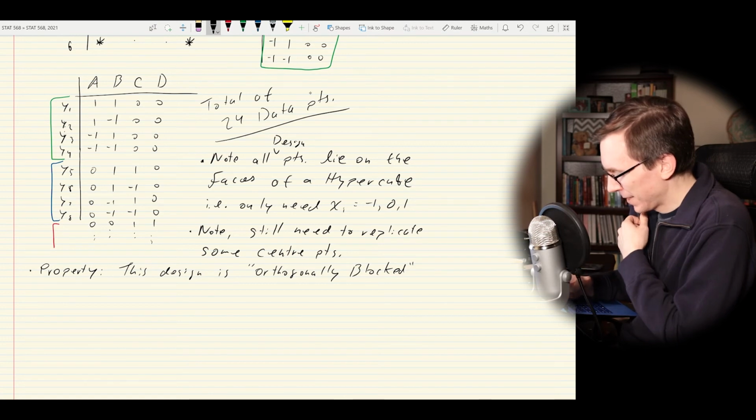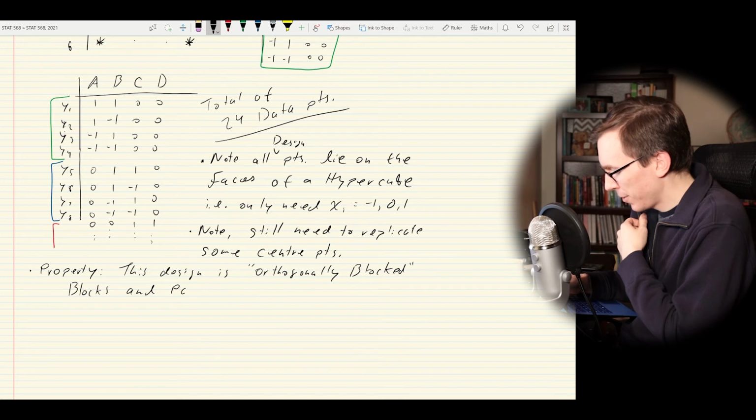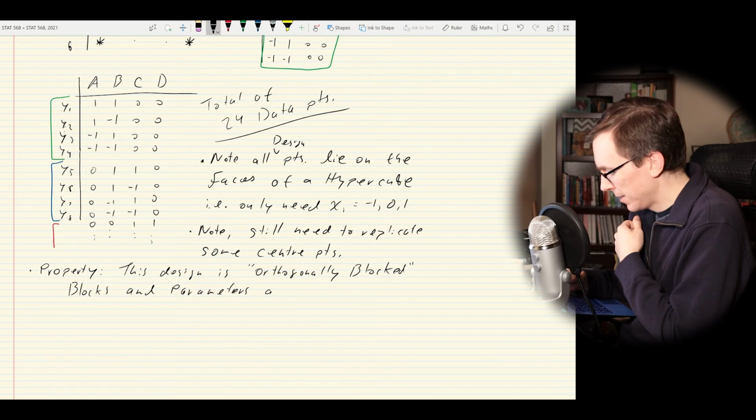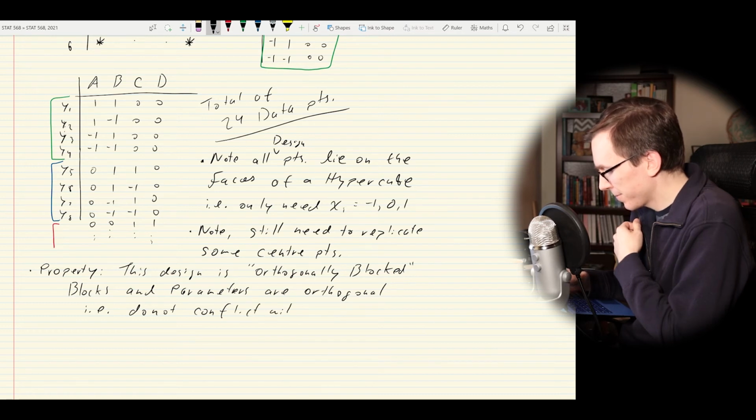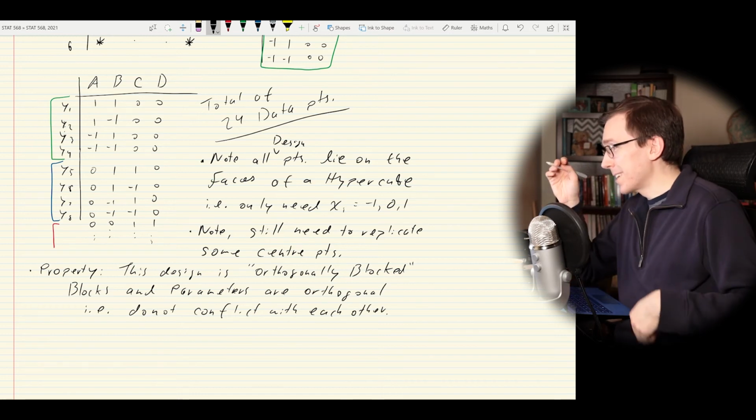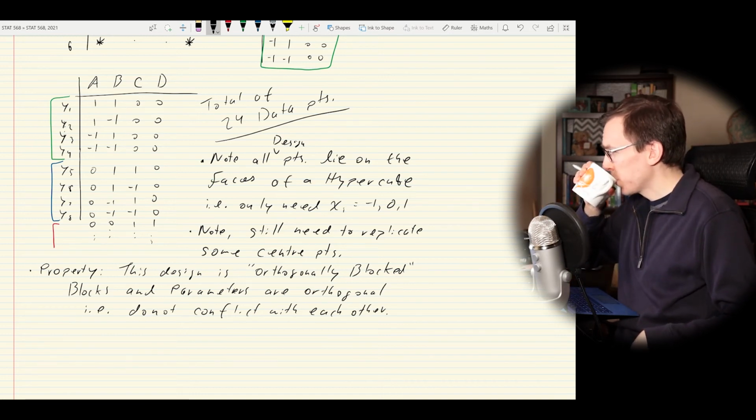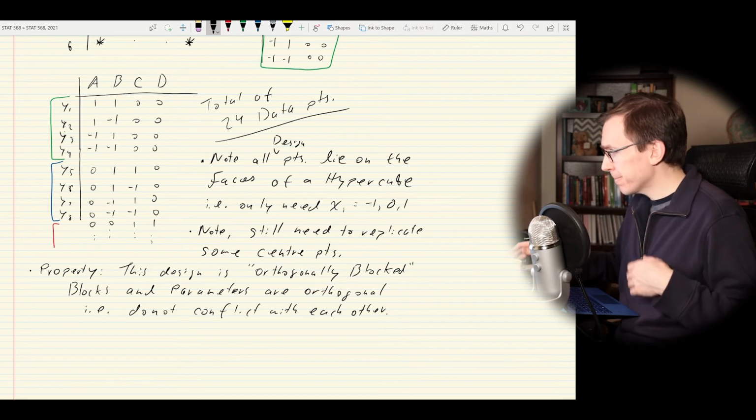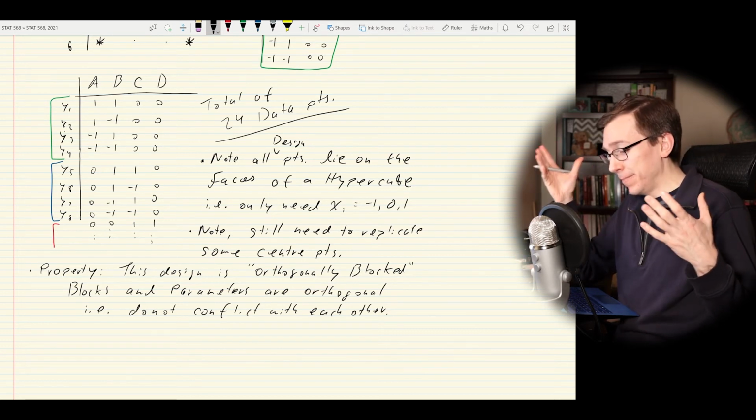So basically, blocks and parameters are orthogonal, i.e. do not conflict with each other. All right. So, yeah, basically that's it.